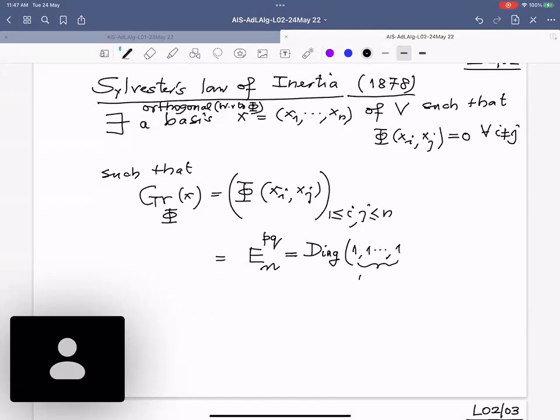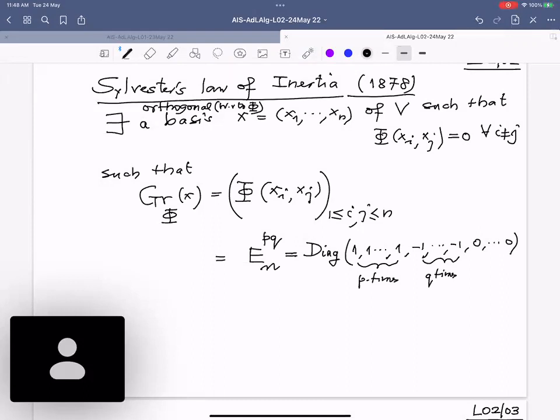Three times. Then comes -1, Q times, and then comes 0 0. That is, so that the Gram matrix is nice looking.